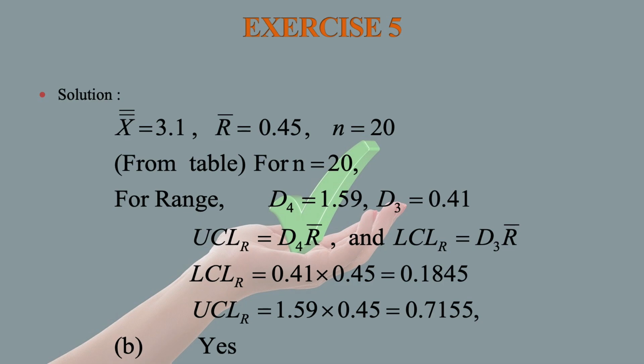That means all the means and ranges are falling within the control limits. So the second part: is the process under control? Yes, it is under control, because all the means as well as the ranges are within the control limits. So the process is very much under control.